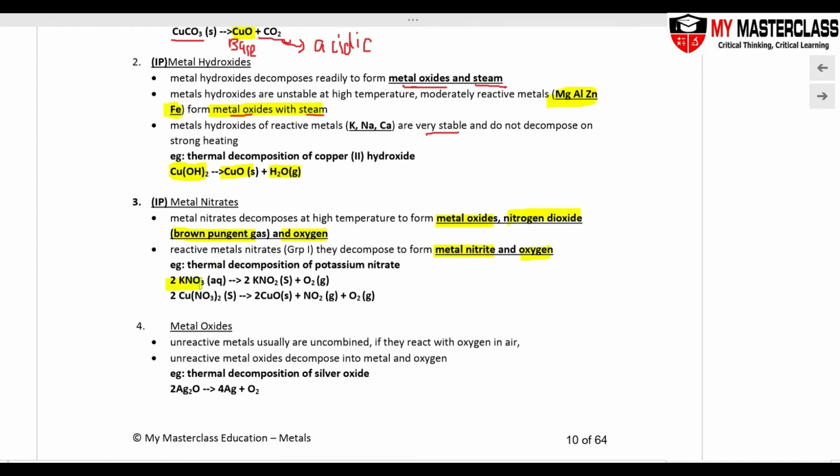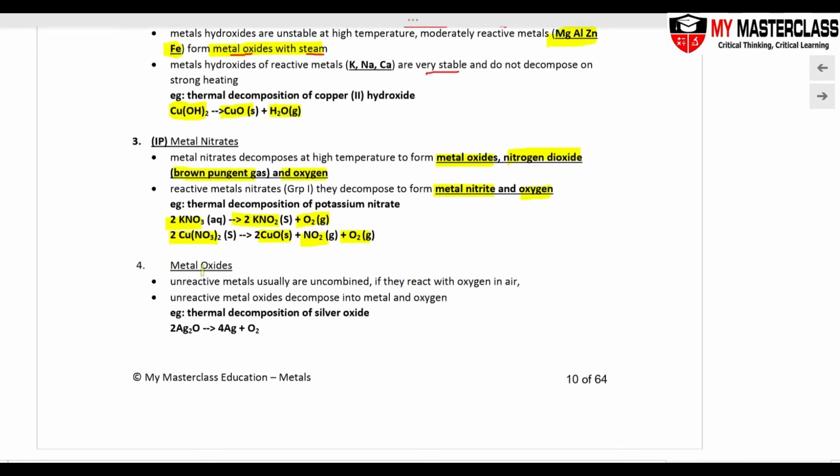So group 1 will break down to the nitrite, N-I-T-E, and oxygen. And same thing, group 2, group 3, and transition metal nitrates will break down to the oxide, nitrogen dioxide, and oxygen. Metal oxides: unreactive metals are generally uncombined, but if they react, they will decompose to just the pure metal and oxygen.